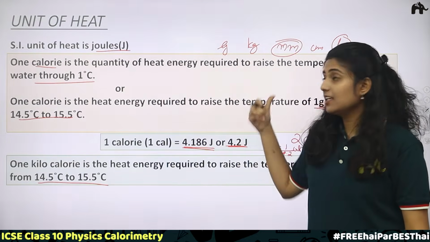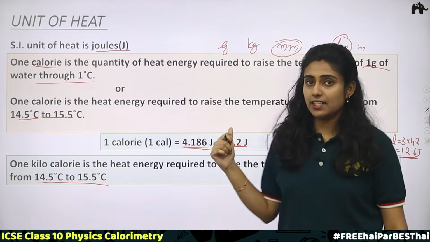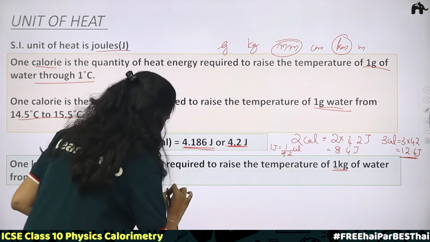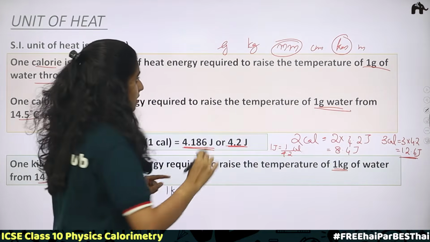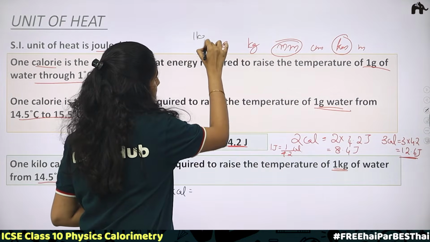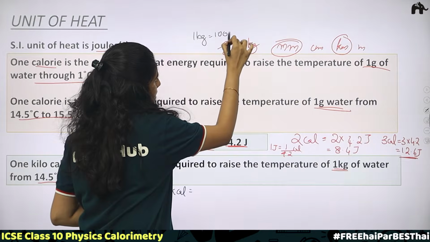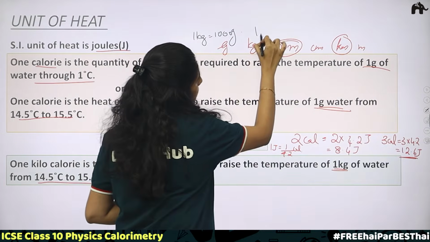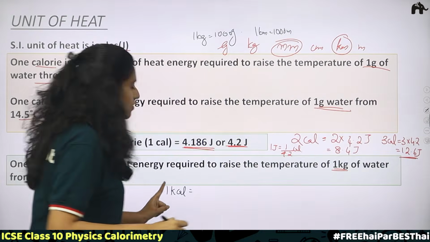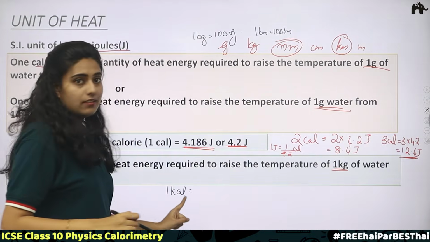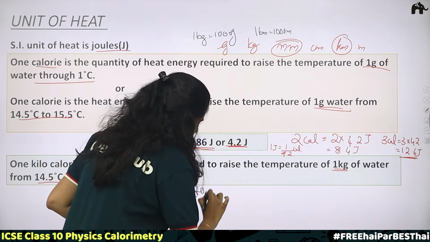How are calorie, kilocalorie and joules related now? If 1 kilogram is 1000 grams and 1 kilometer is 1000 meters, then what is 1 kilocalorie? 1 kilocalorie will be equal to 1000 calories.